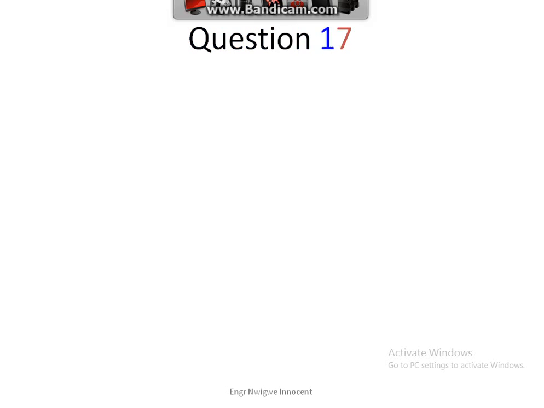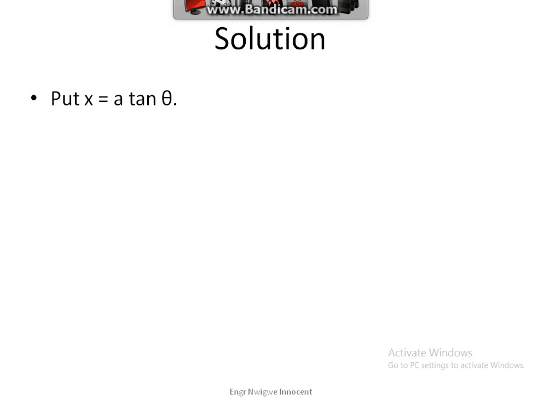Question 17. Evaluate the integral ds over s squared plus a squared. Solution. Put s equals a tan theta. From the right angle triangle we have drawn, we have observed that s is equal to a tan theta.